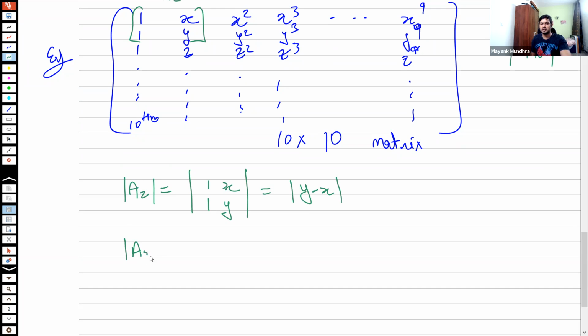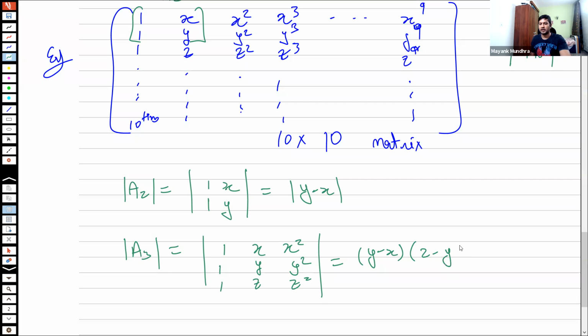Now the determinant of A3, I have already seen: 1 1 1, x y z, x square y square z square, will be equal to y minus x into z minus y into z minus x. Okay, so it works like this: y minus x, z minus x, z minus y. It always goes from bottom to up, y minus x.